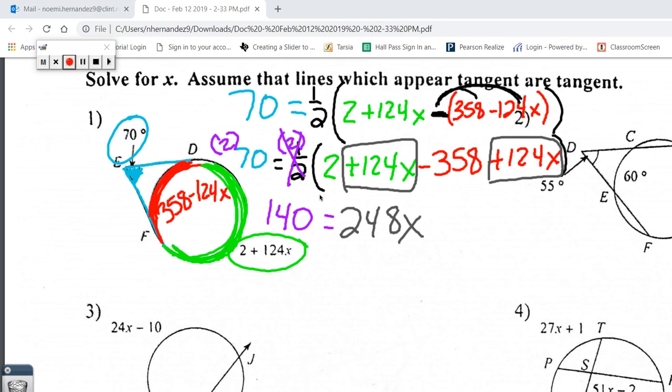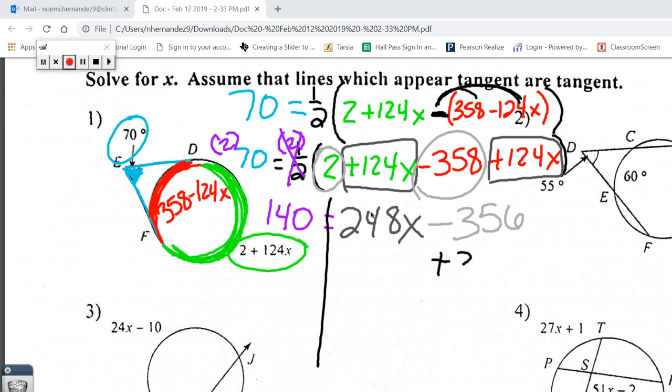Now we can combine our numbers. For our numbers, I have a 2 minus a 358. So that's going to give me a negative 356. And we move on to solving our problem. I'm going to get rid of the 356, so I do plus 356 on both sides.